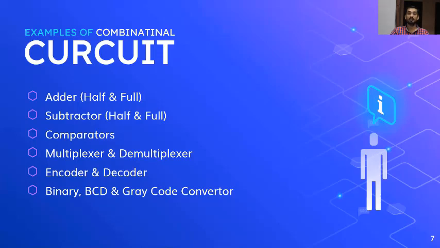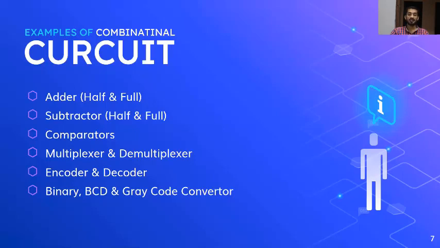The half adder gets 2 inputs and gives us one output to add them. And the full adder gets 3 inputs, adds them, and gives us one output. It is usually used in an arithmetic logic unit.